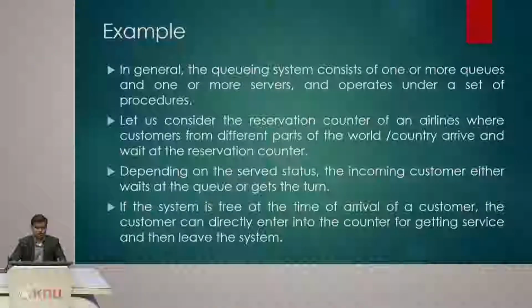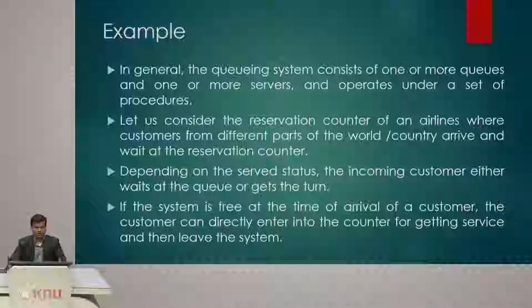Let's talk more about the whole thing. So here we say that there might be only one queue or maybe more queues. There might be only one service desk or counter, or there may be more. For example, sometimes when you go to some small grocery stores, you might usually have only one cashier.